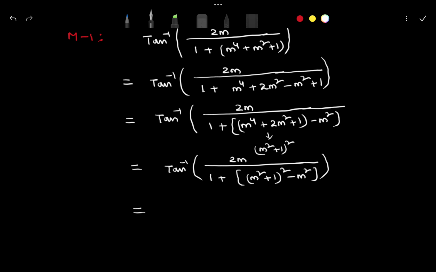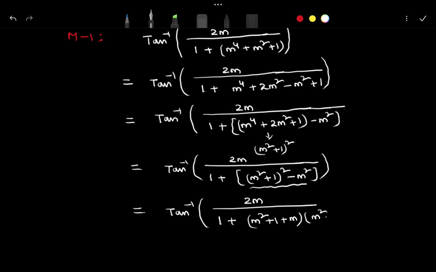That is equal to tan inverse of 2m whole divided by, in the denominator, 1 plus a square minus b square. A square minus b square is a plus b into a minus b. So a plus b is m square plus 1 plus m, and a minus b is m square plus 1 minus m.